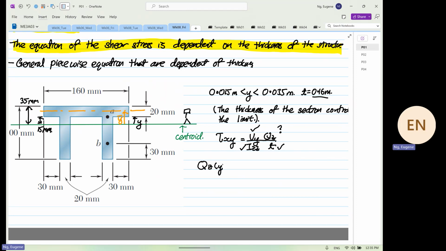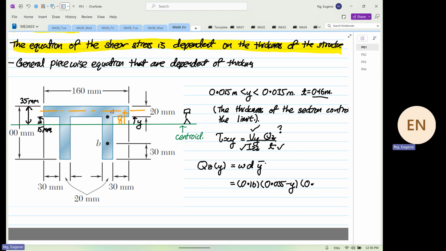Qz as a function of y will be equal to width times depth times y bar. The width is equal to 0.16. The depth is equal to 0.035 minus y.